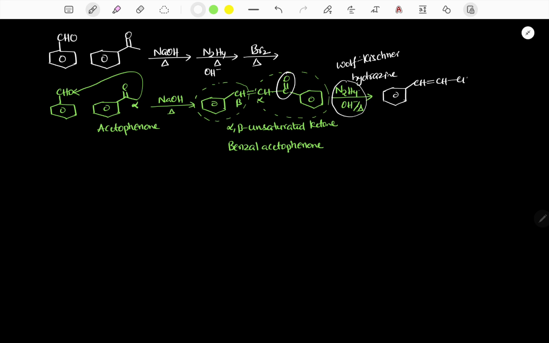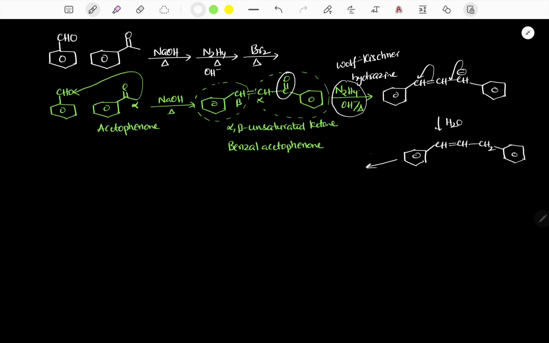If any other possibility is there we can consider it, but here no other possibility. Therefore the corresponding product is like this. It is our second product.